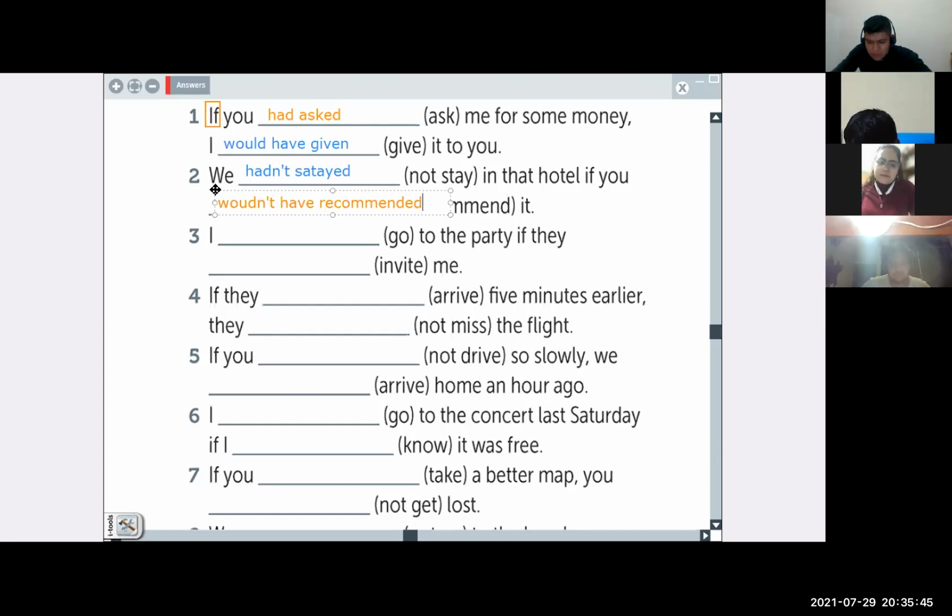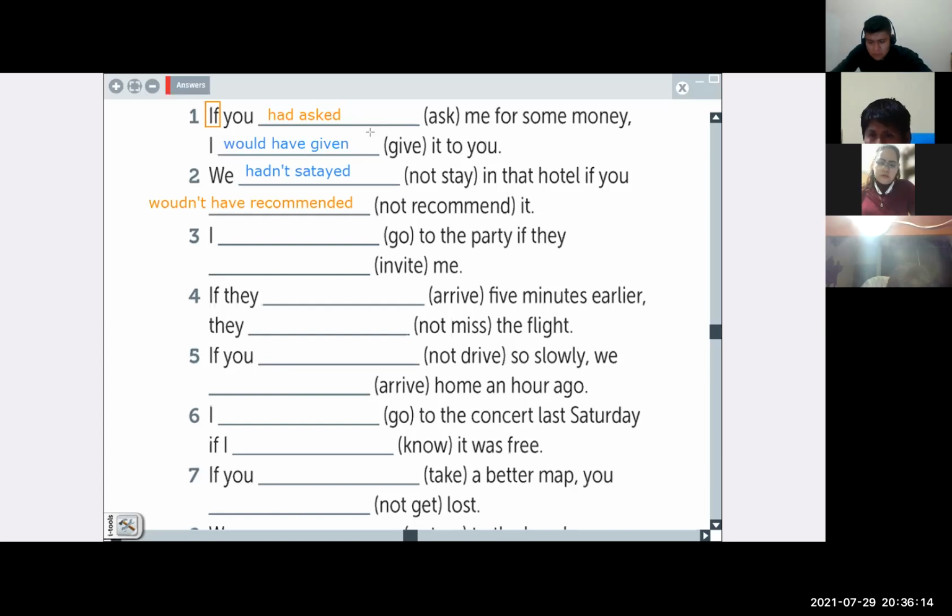Tell me, María José, what is the if clause in this sentence? I don't know. Where is your if clause? Lea de nuevo la oración y encuentre la if clause. ¿Cuál es la parte del if?